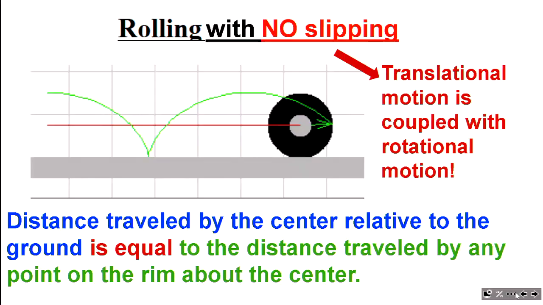So the distance traveled by this about the center of mass is equal to exactly one circumference. But if we look at the motion of this handle, it travels exactly the same distance. If they travel the same distance, distance over time, same speed.